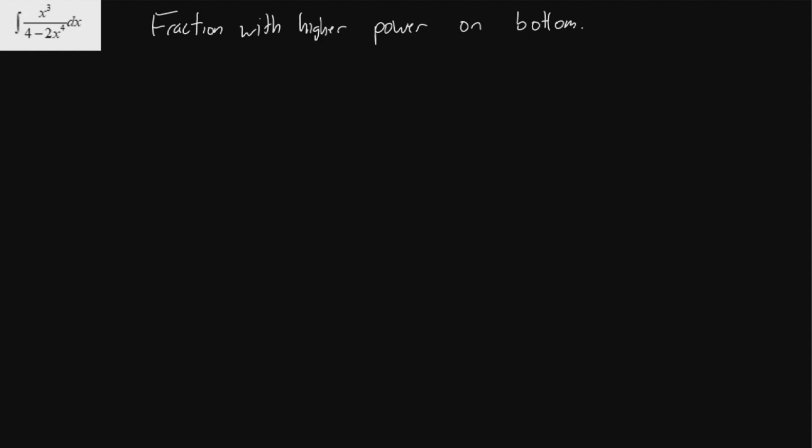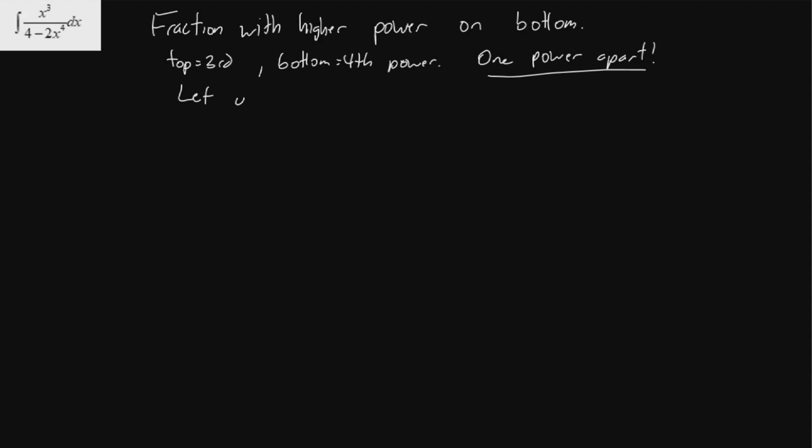And more importantly, you might notice that the top is 3rd power and the bottom is 4th power. Now, u substitution works well when you have a fraction, but the powers are 1 power apart. In that case, we would let the u be the one that is higher power.